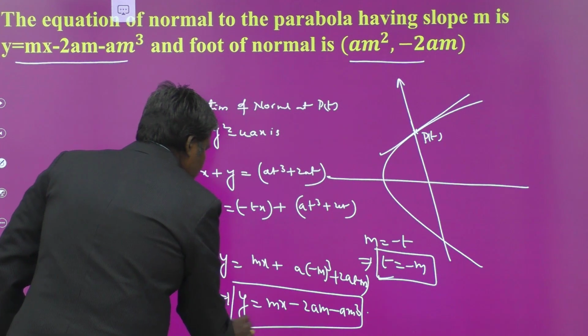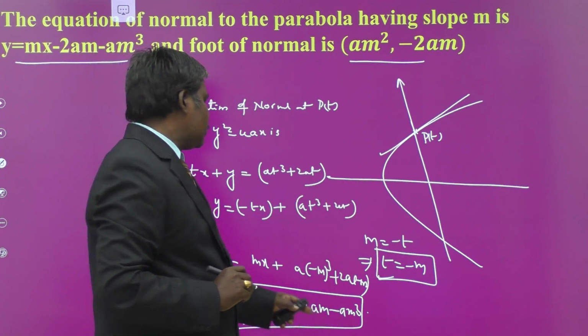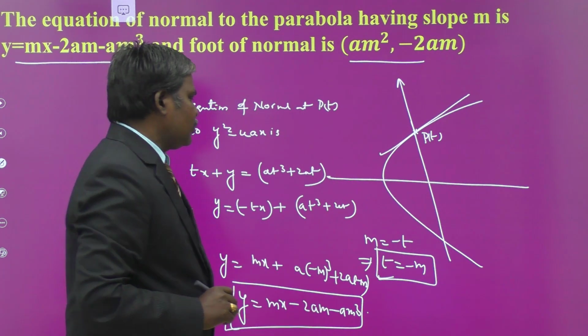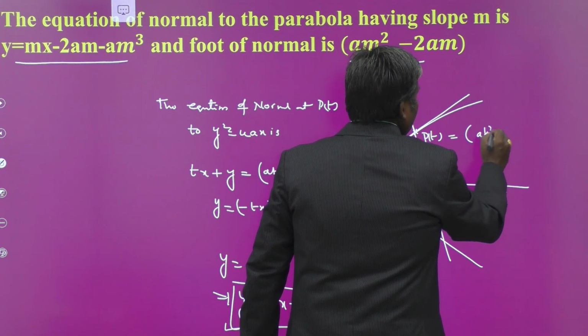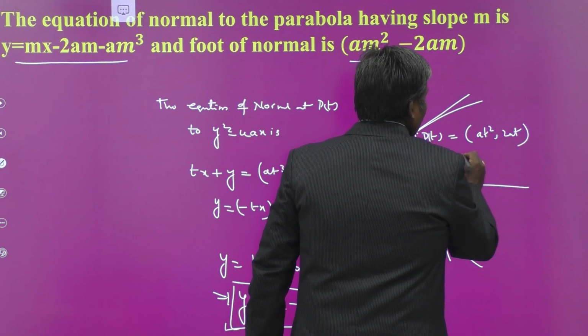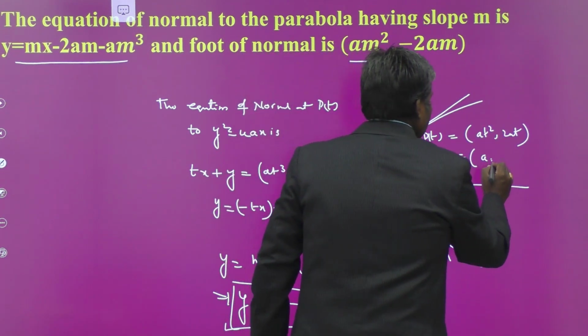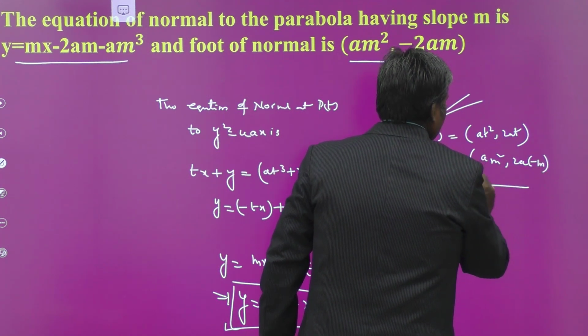Am I correct or not? This is the equation of normal to the parabola having slope m. y is equal to mx minus 2am minus am cube. And again the point P of t is what? at square comma 2at. We mean a t square, that is a m square, and 2a into minus m.